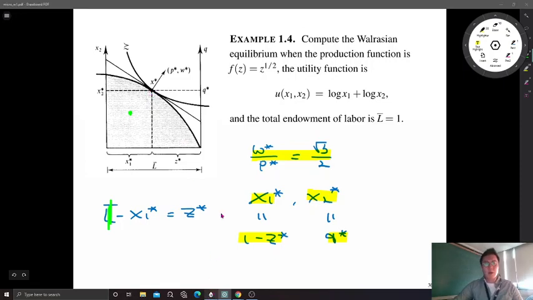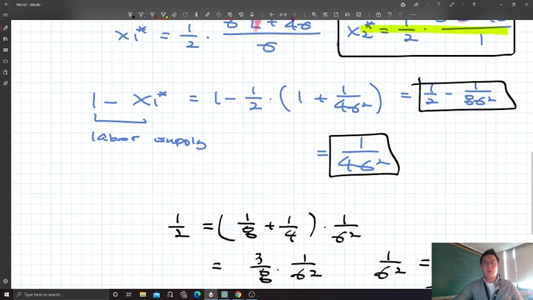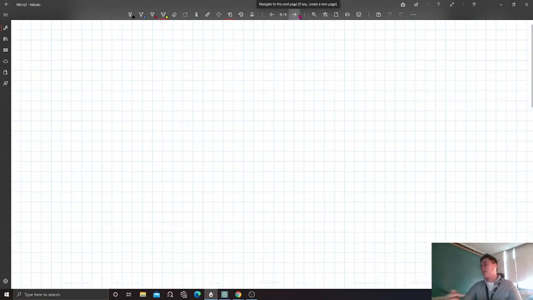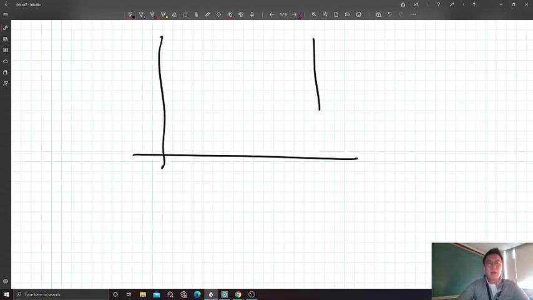The other way to see this is we have to consider efficiency on the production side and on the consumption side. All right, so in that open box, this was the production frontier. So for efficiency on the production side, the allocation must be on this production frontier.